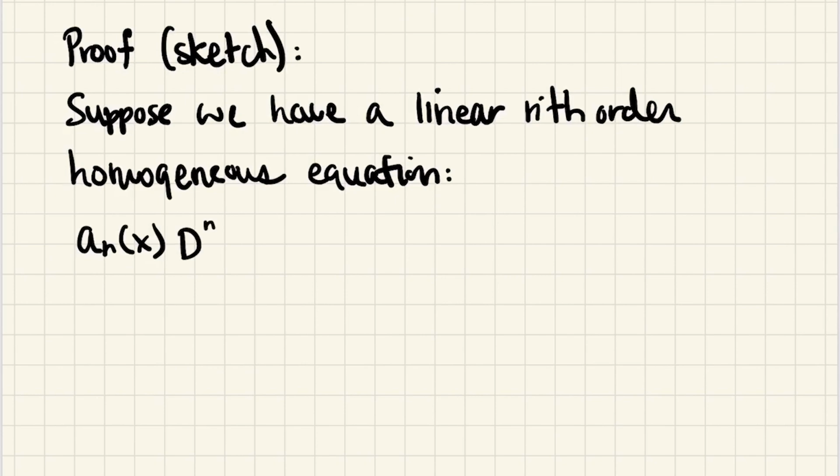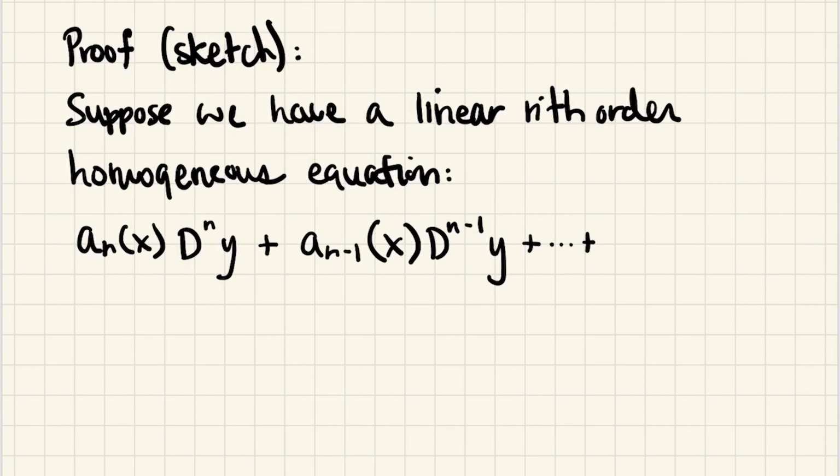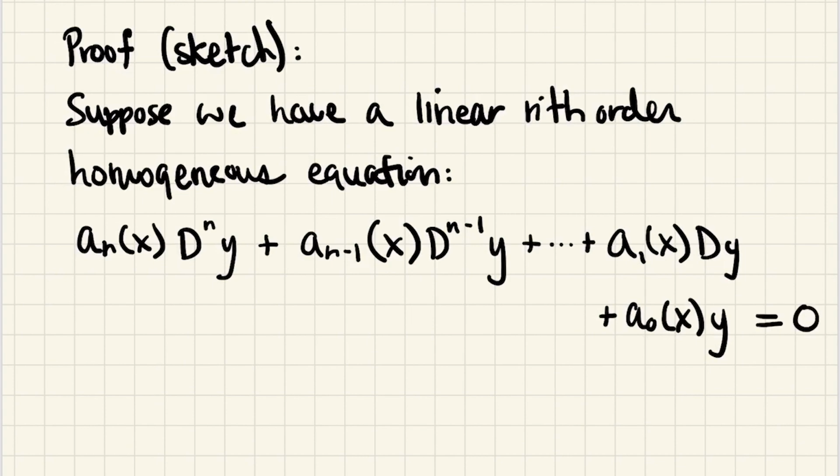So D^n of y plus D^(n-1) of y plus all the way down to the first derivative, including the zeroth derivative, which would just be y. And this is homogeneous, so the right-hand side is 0. There are no terms without a y factor.